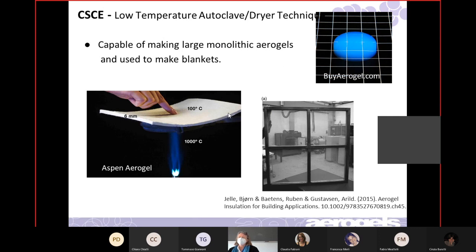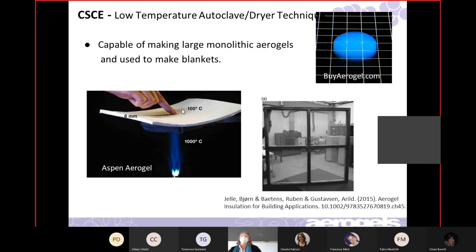They have a blanket, like woven fibers, that they dip in the sol-gel precursor material. And they roll this up and put it in a big autoclave and process it. So this blanket with aerogel in it is very insulating, and it's a big commercial product that's used to insulate pipes and things like that. And they use this method.